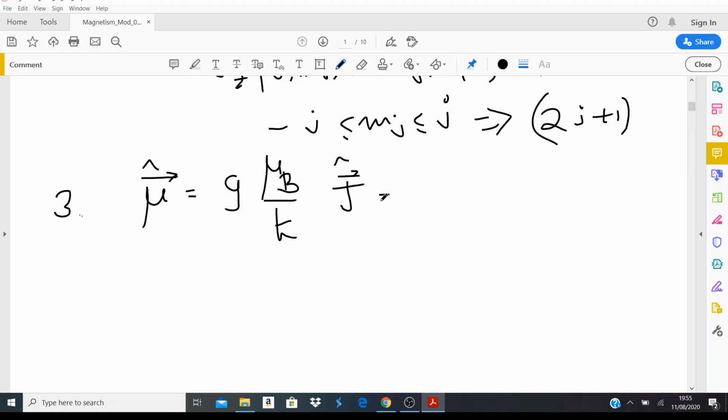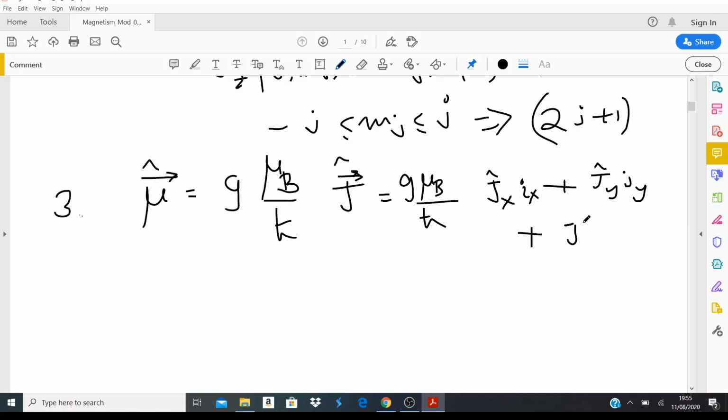And also one point to remember is that this operator, J, is a vector operator, so it must have three components in three-dimensional space, right? So you can write it as Jx, that's an operator, times some unit vector along x, plus Jy, that's an operator, times some unit vector along y, and also Jz times some unit vector along the z-axis, which is k, right?